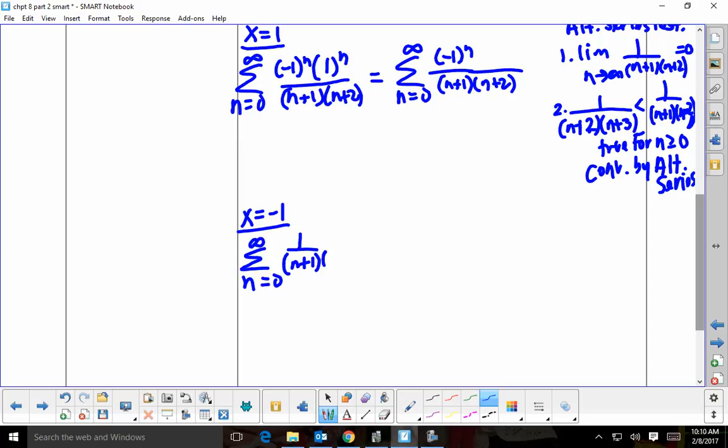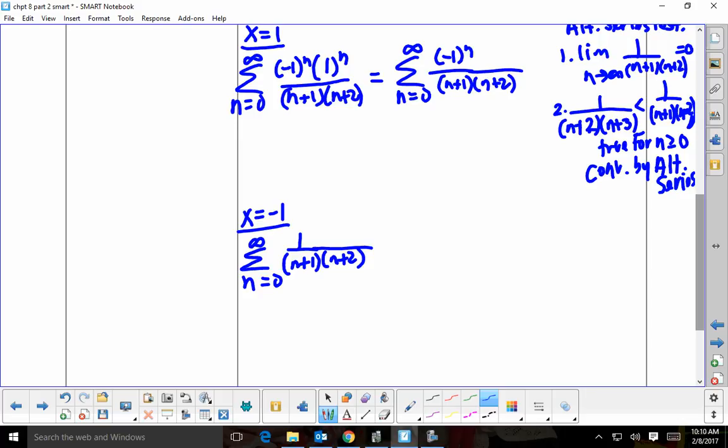Anybody just kind of say this? If you need to write it out, -1 to the n times -1 to the n. If you can see it, then great. But it's up to you if you want to write it out and simplify. Unless you're pretty good at it, then I would write it out so you can see it. But a lot of you will just be able to jump to here.